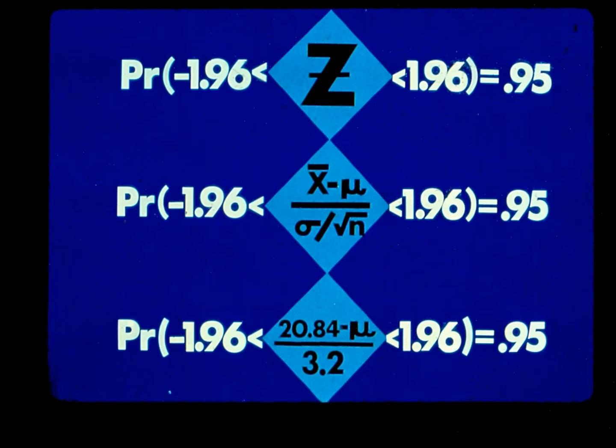We can then further simplify this probability expression to the one at the bottom by substituting the values we have for x bar and sigma over the square root of n. The middle portion of the expression then reduces to 20.84 minus mu over 3.2.